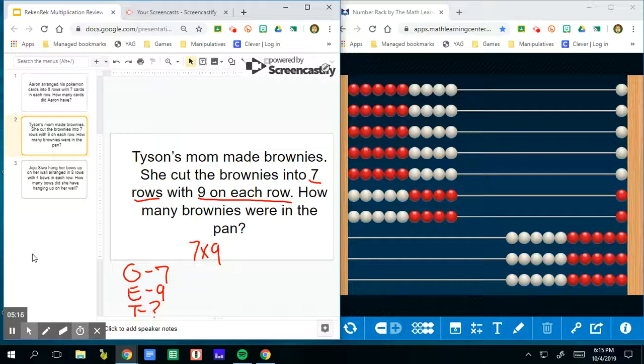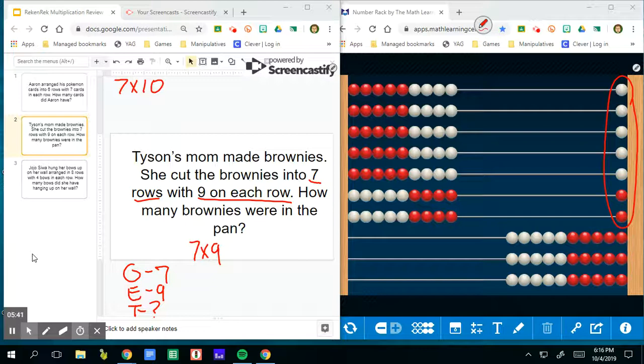Now, when I think of multiplying times 9, I think that's just 1 away from 10. You see that 1 extra over here to the right would make each of these 9s a 10. So I'm going to think about 7 times 10 first.